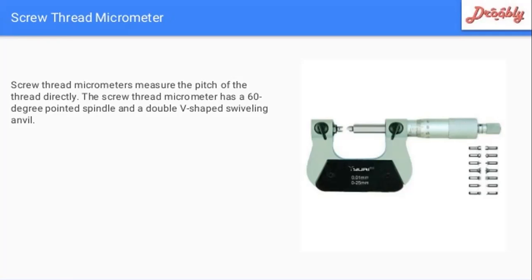In this micrometer, you have to put the thread on the face as well as the root of the screw thread also. It has to be fixed at two ends, and we have to check the degree pointed spindle of the screw thread to it.